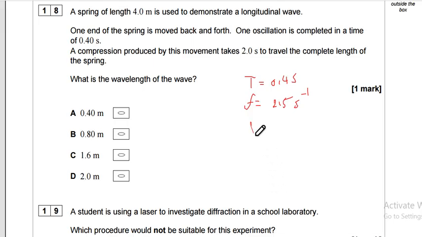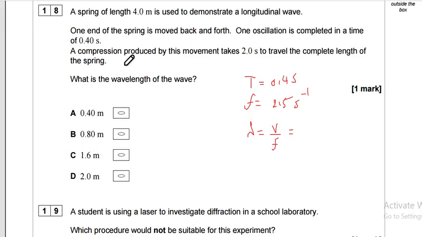We have lambda equal to V over F. To get V here, we have a length of 4 meters, and the compression takes 2 seconds to travel the complete length of the string.